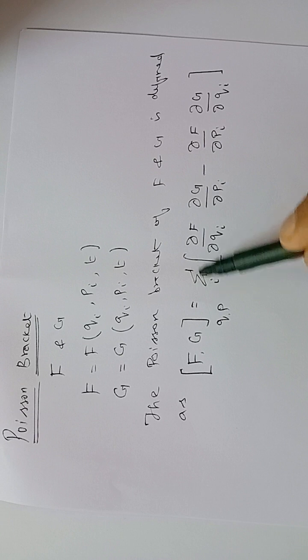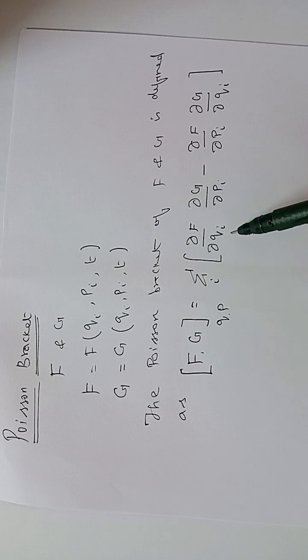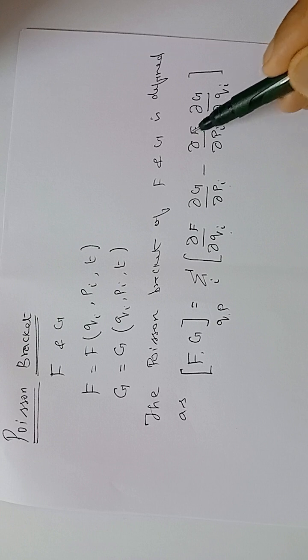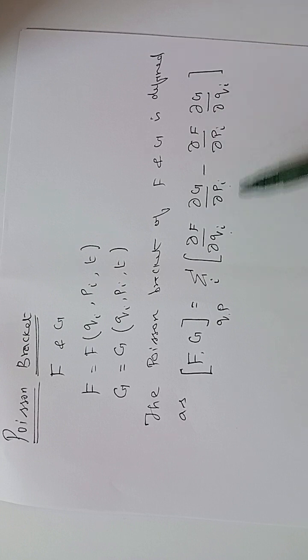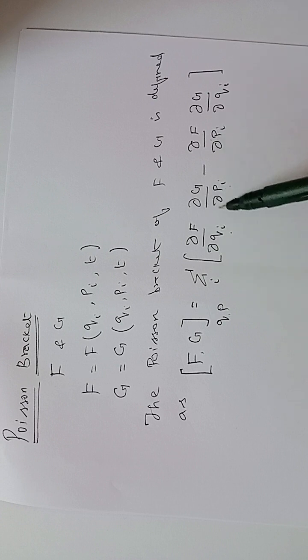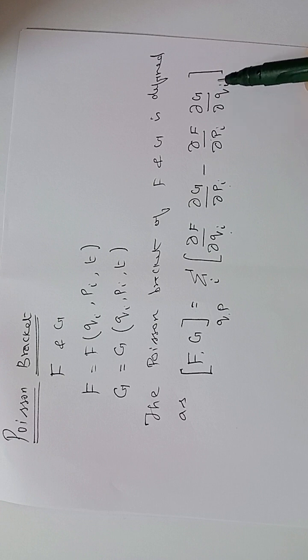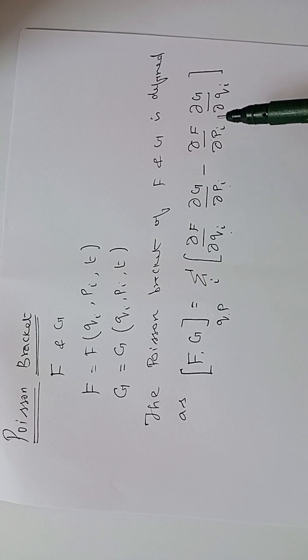Therefore, the summation over i of dou f by dou qi dou g by dou pi minus dou f by dou pi dou g by dou qi. Just see this: here dou qi, here dou pi, here dou pi, the next term is dou qi. This equation is called the Poisson bracket of f and g.